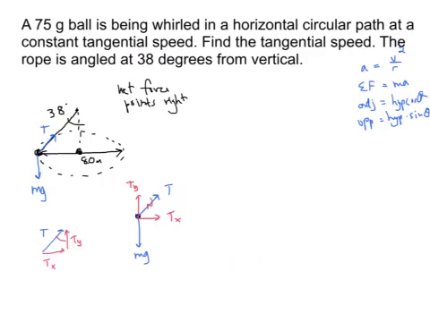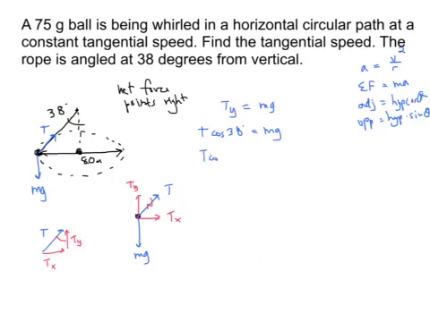So the y component of tension balances gravity, but we could replace the y component of tension with T cosine 38 degrees. The reason we do it is because, in this right triangle, the y component is adjacent to the angle. Therefore, we use this equation to make the replacement of Ty.